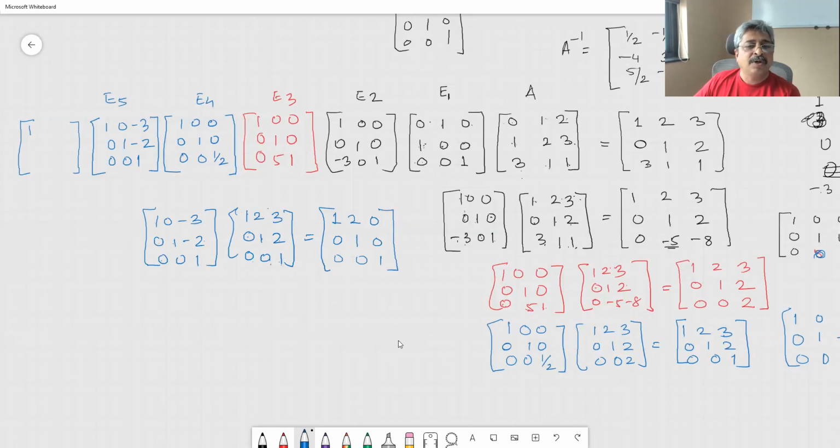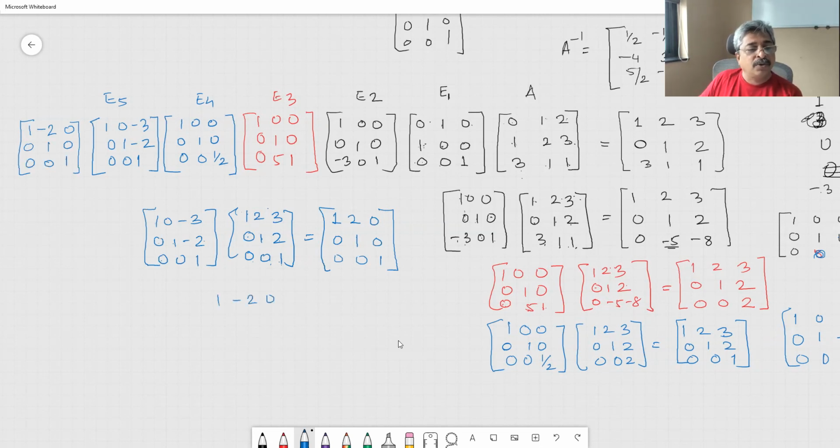So minus 2 and add, so this will become minus 2, and this is 0, so it gets added to 0 0 1, 0 0 0 1.